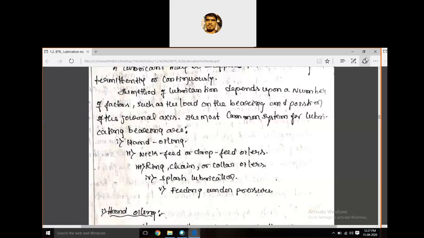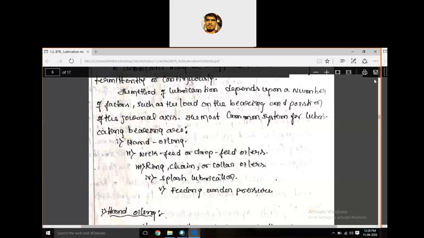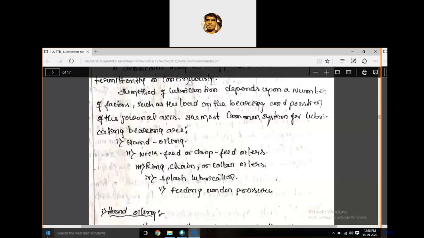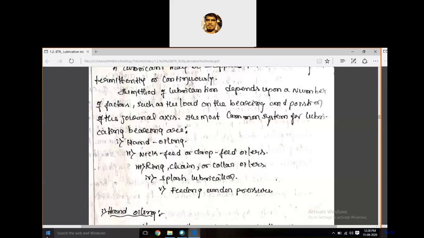And the next one is wick feed or drop feed oilers. These oilers may be considered as a system in which the lubricant is supplied more or less continuously, but not in sufficient quantity for fluid film lubrication. They can also be used for bearings having relatively light operating conditions.